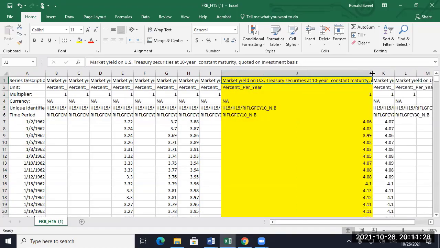Remember that from your money and banking class, constant maturity. So how many 10-year treasuries does the federal government issue today? Probably none. So how can we have a 10-year treasury if they didn't borrow for 10 years today? So these are treasuries that have about 10 years to expiration. So there's more than one of them. That's why you can get a different 10-year yield depending on your source.